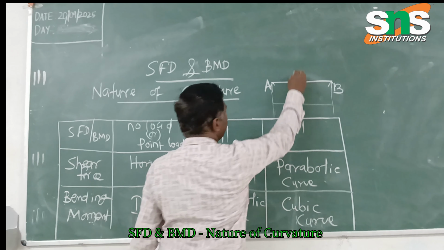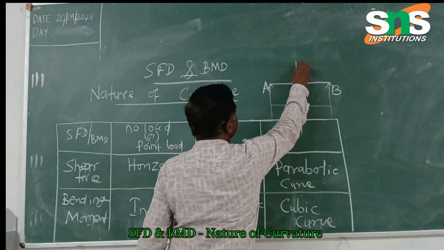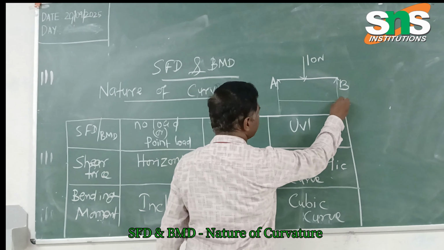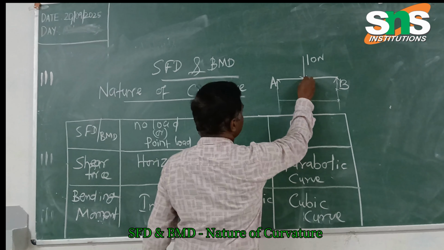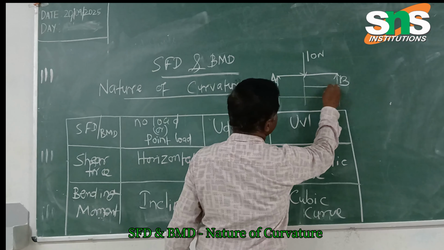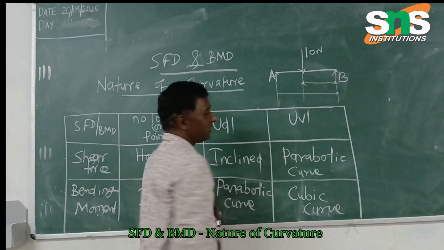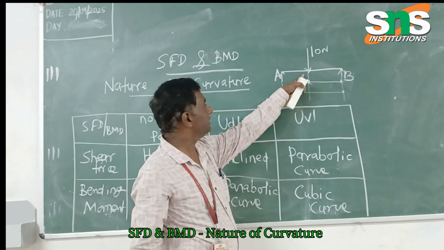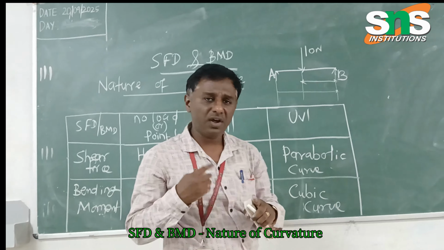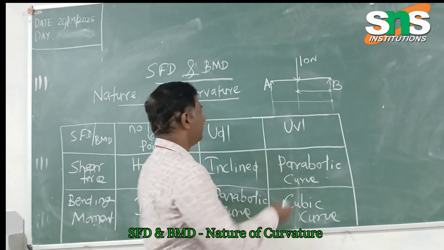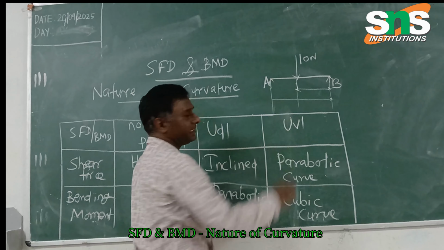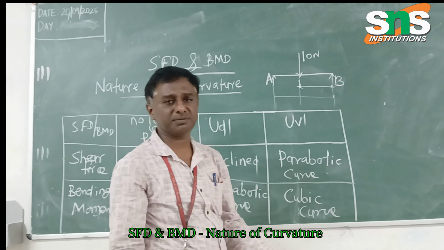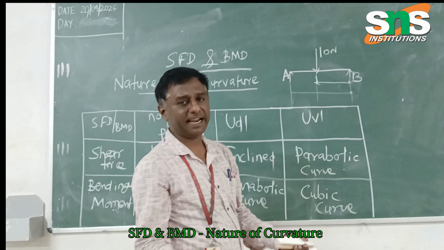Okay, when we have a point load, let's take 10 Newton. Then from that point, from here to here, you have a horizontal line. Then there will be an increment or decrement with respect to the sign, as we told earlier: a vertical movement, maybe upward or downward, with respect to plus or minus we are adding.